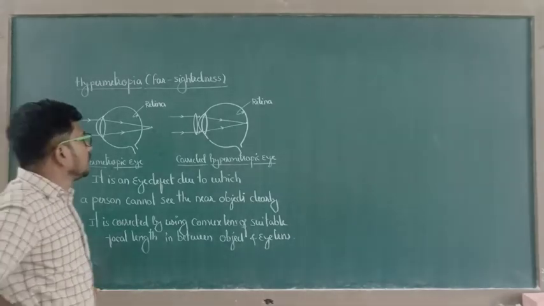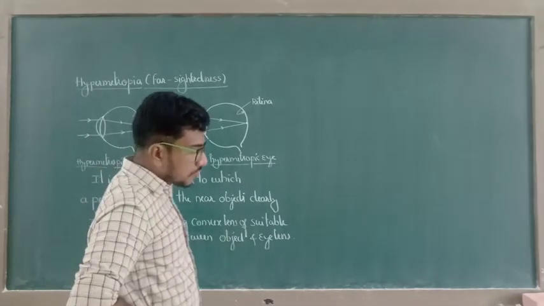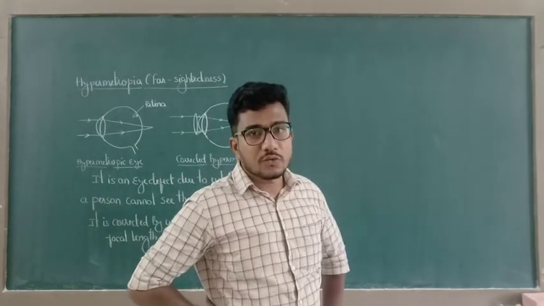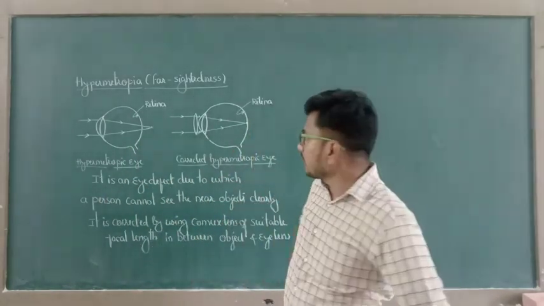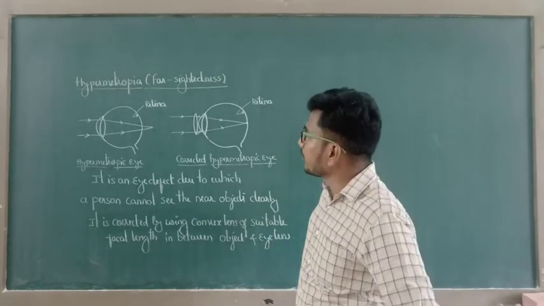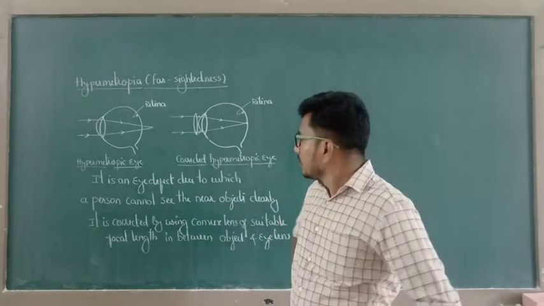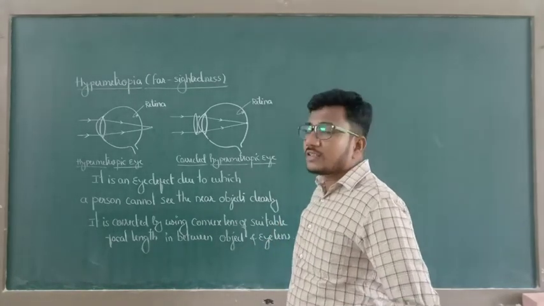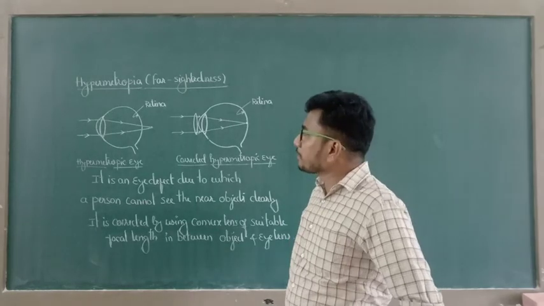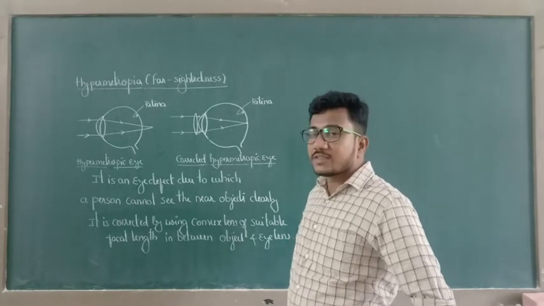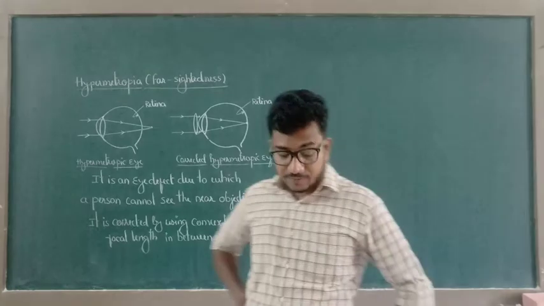Okay. Then how to calculate the required focal length of convex lens to correct this hypermetropic eye? So in case of this hypermetropic eye, there is a change in near point.